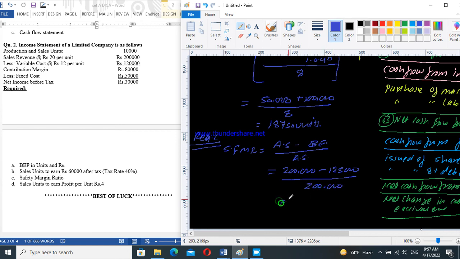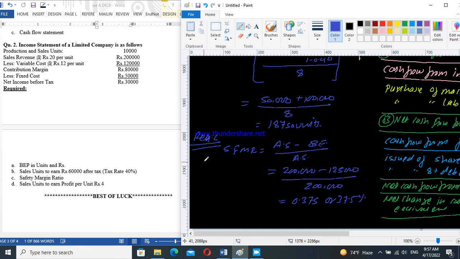Okay, the amount is 75,000 divided by 2 lakh. Okay, 0.375 or 37.5%.